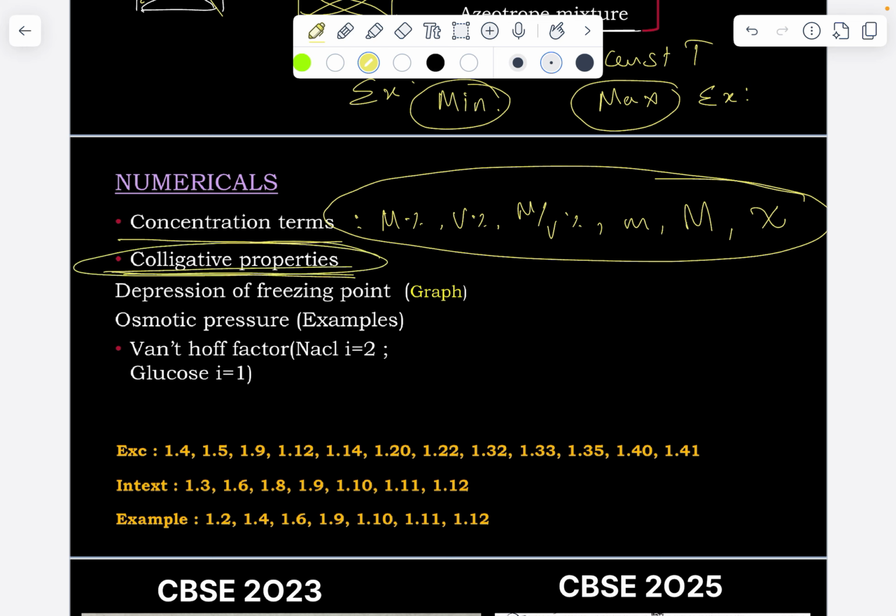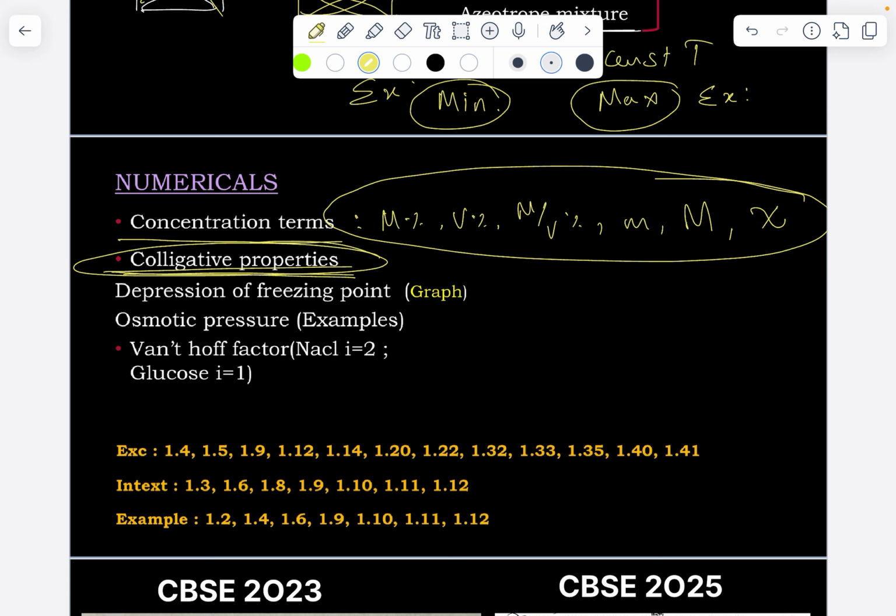If you are not able to cover the entire chapter in a detailed way, at least make sure you cover the repeated, frequently asked topics in your board exams.